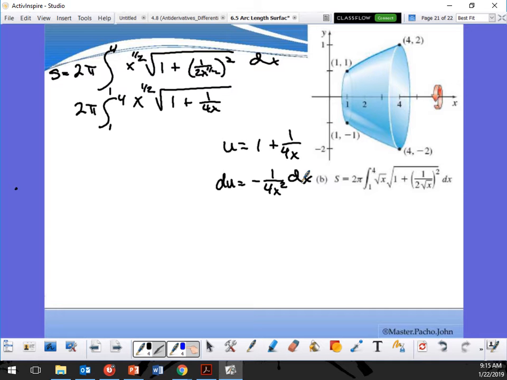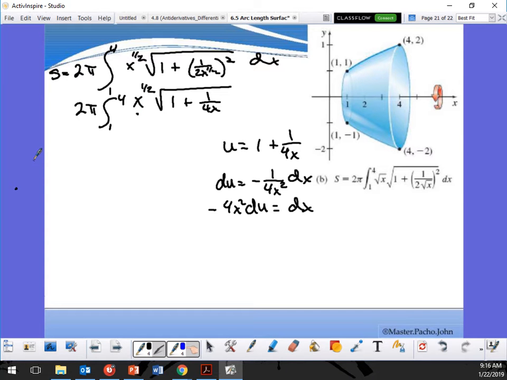Okay, so that would give me 4x squared du. So negative 4x squared du is equal to dx. Since I have this right here, I could still try to actually get this piece out, right?